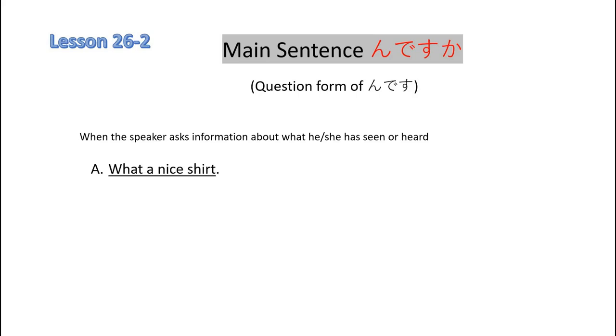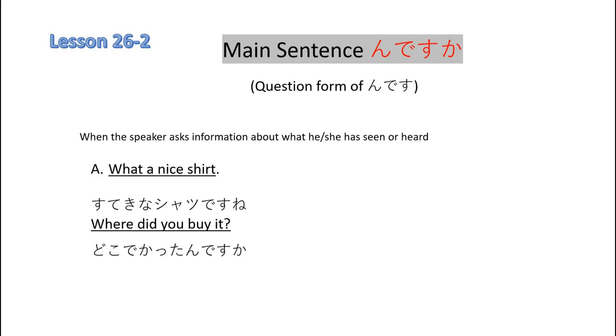For example, speaker A says, "What a nice shirt." "Suteki na shatsu desu ne." "Where did you buy it?" "Doko de katta n desu ka?" So here the speaker has seen the shirt and he wants to ask where the listener bought the shirt.